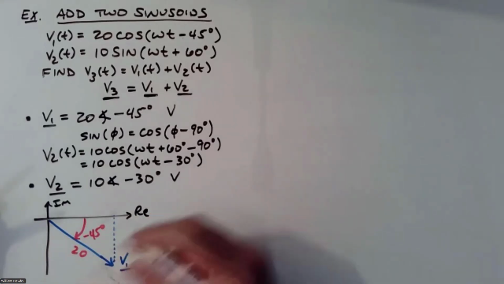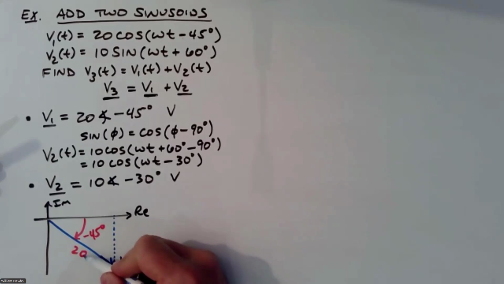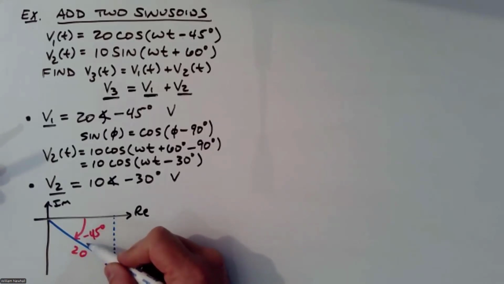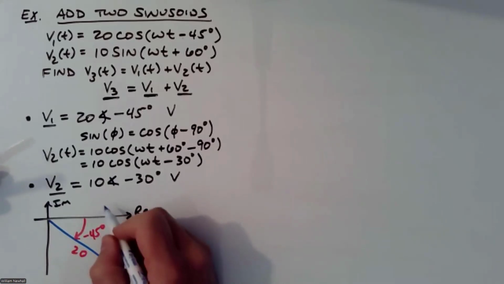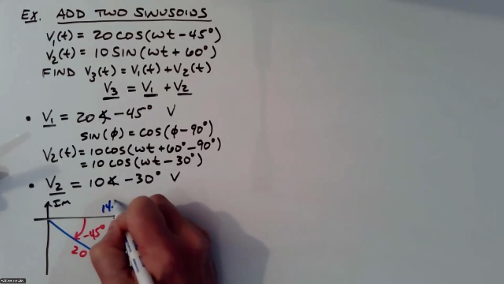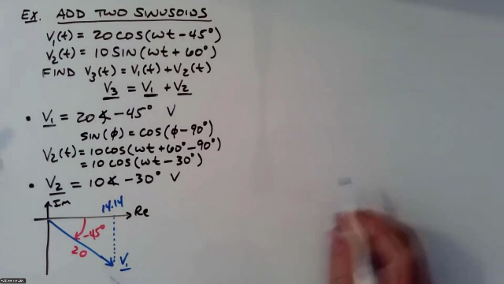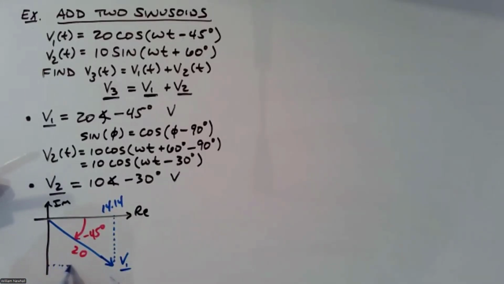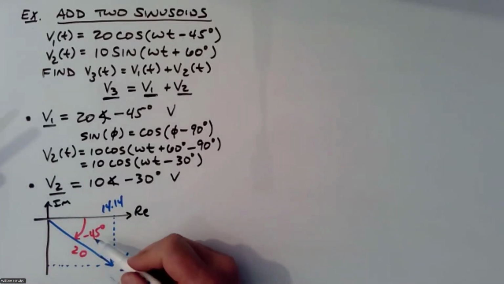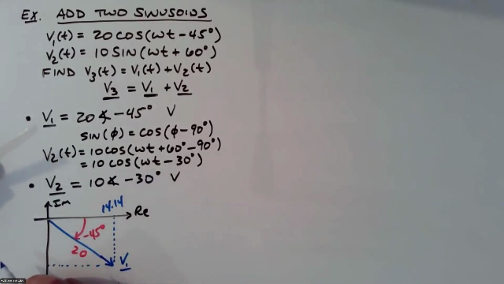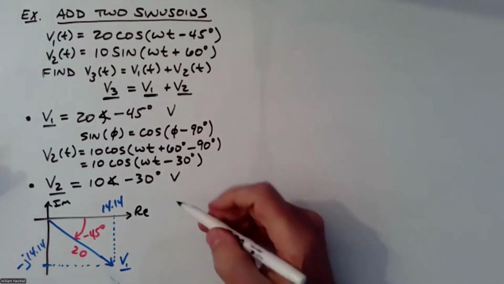If you take 20 times cosine of negative 45 degrees, you get 14.14. And 20 times sine of negative 45 degrees gives you negative j14.14. That's this value here. So that's one of the vectors we're going to add.